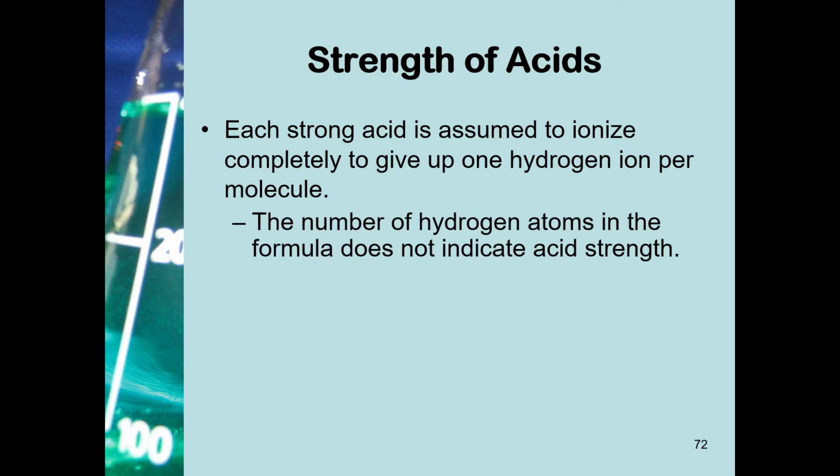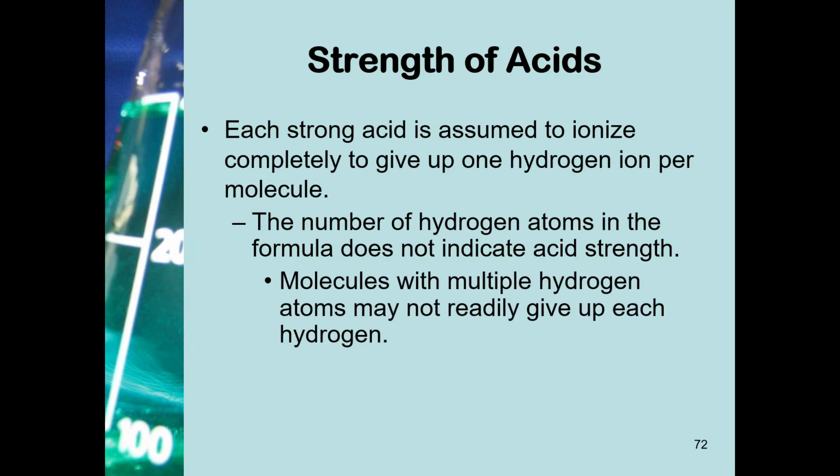And the number of hydrogen ions in the formula does not indicate the acid's strength. So just because we have a formula that has more hydrogens in front of the anion, like for instance phosphate, or phosphoric acid, would be an example of one that's not a strong acid. It has 3 hydrogens it could give up, but it doesn't give them up readily.